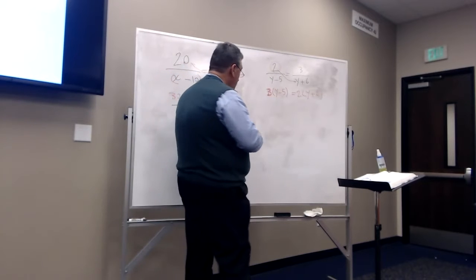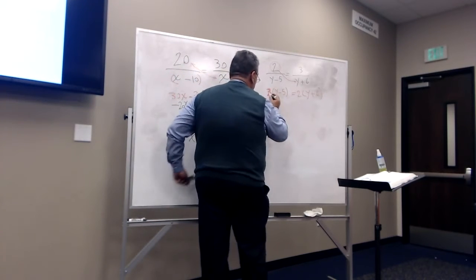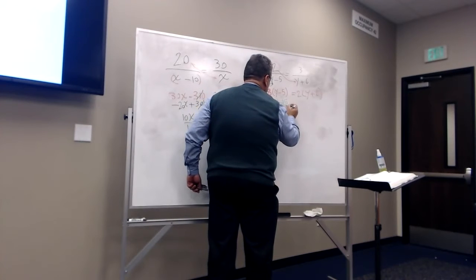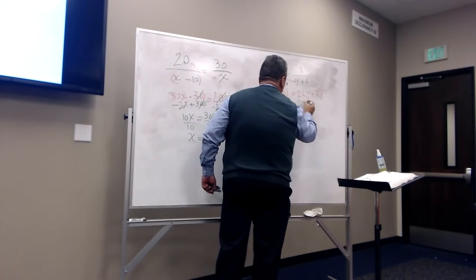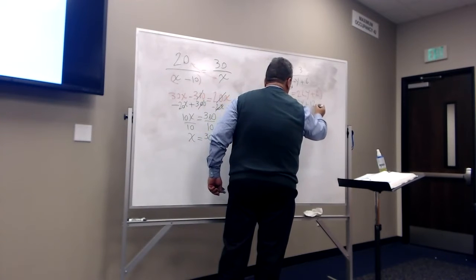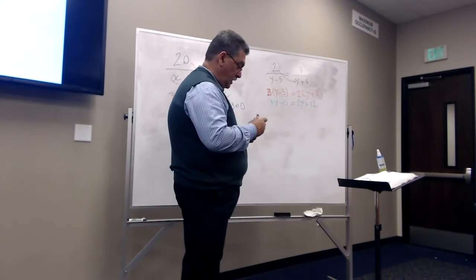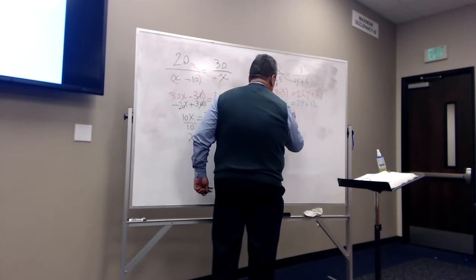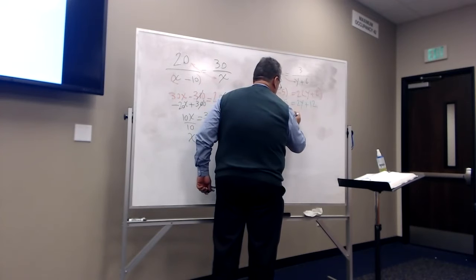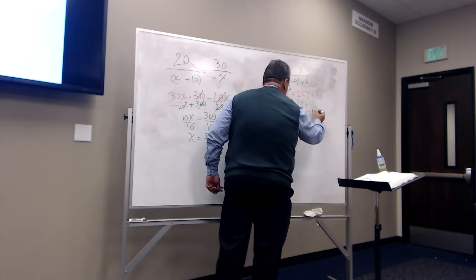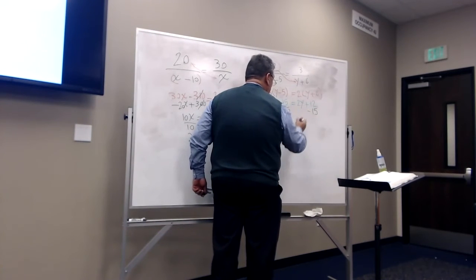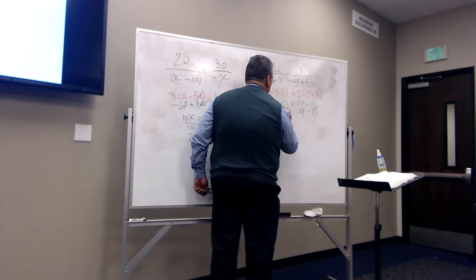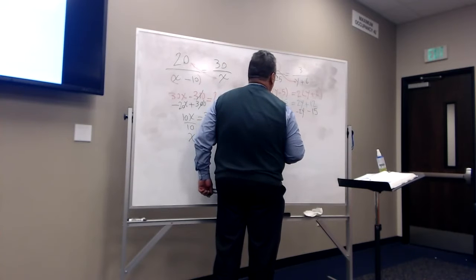Then you multiply: 3y minus 15 is equal to 2y plus 12. Okay? And we subtract. Let's see. I subtract minus 15 on both sides. No, I'm sorry.